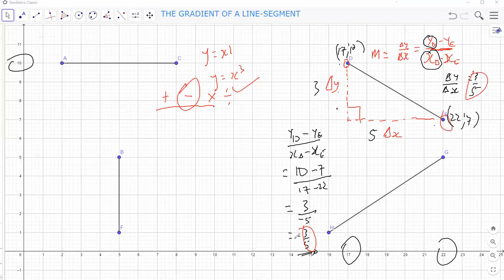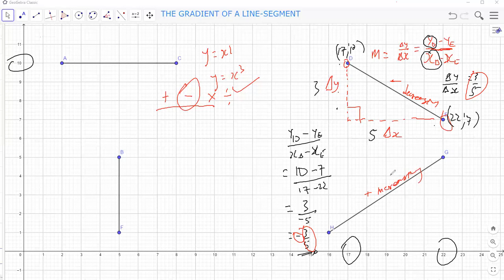Now, you are wondering, what about that negative? This brings me to the next point about the gradient. A gradient has a sign. In this case, this is negative to show that this is decreasing. It's a decreasing gradient, or we can say this is a decreasing slope. This one will be positive to show that this is an increasing slope.